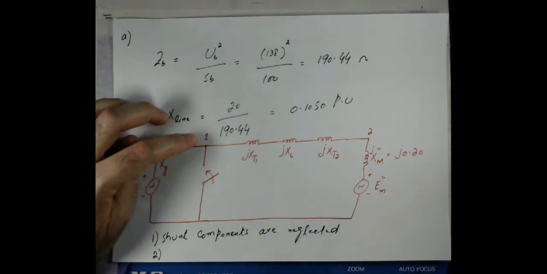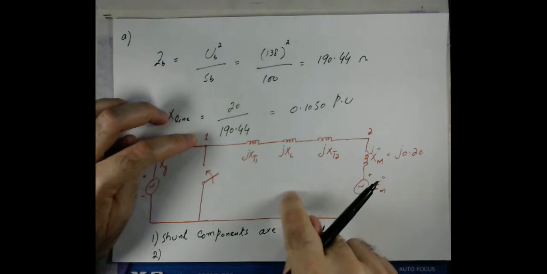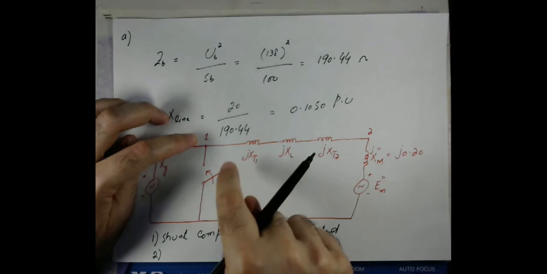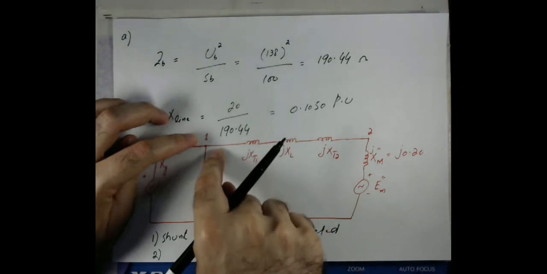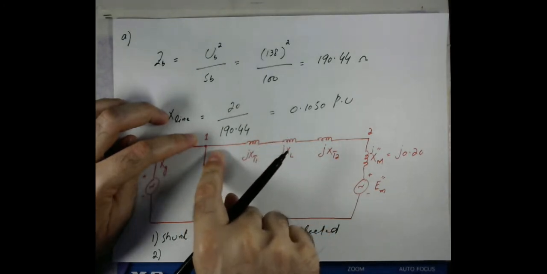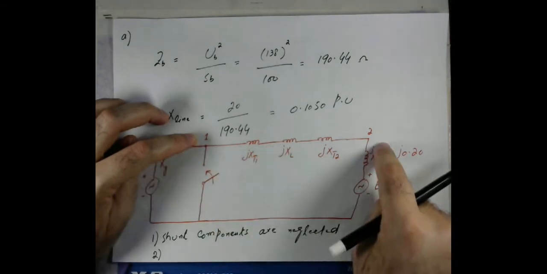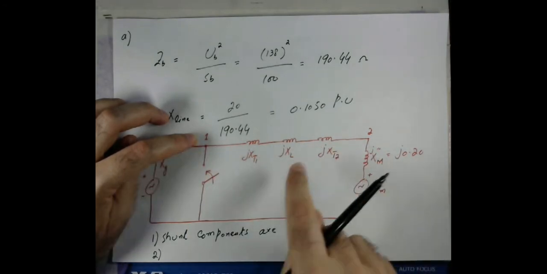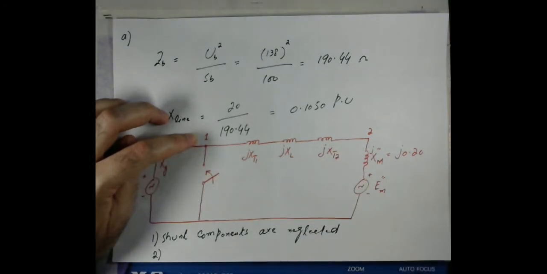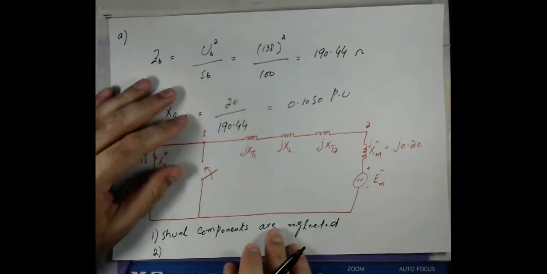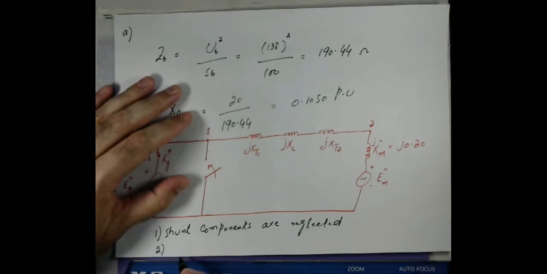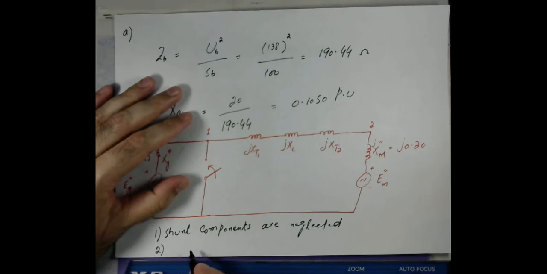So the voltage at the faulty condition will be the same as the voltage that was appearing at these buses without any fault. Still the generators will be considered as running at rated value.